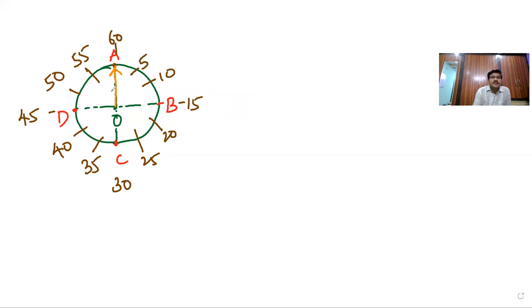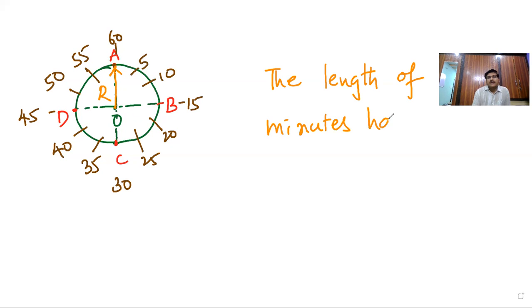If I consider the entire clock as a circle, then O is the center of the circle, and the minute's hand is the radius R. So the length of the minute's hand is the radius. How much is it given? 14 centimeters. The problem itself gives 14 centimeters.